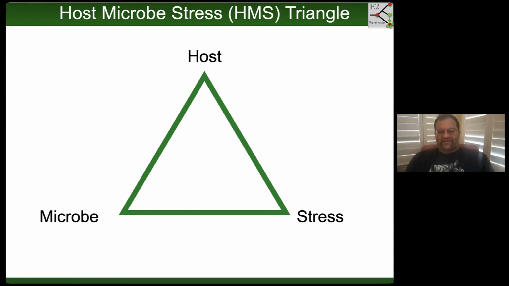And in terms of this, the thing that I'm mostly working on these days is what I call the host microbe stress triangle, where you have some host, some microbe that is associated with the host, and then some stress that they are placed under, and how does the host and microbe respond to the stress, and or community of microbes, how does the microbiome respond to the stress, and how do the host and microbe impact how the other responds to the stress.